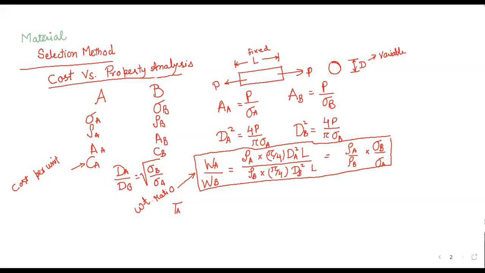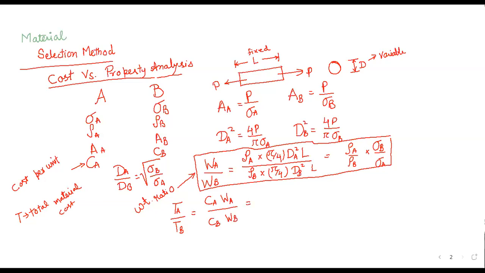Let's say TA is the total material cost for material A and TB is the total material cost for material B. So this will become CA multiplied by weight WA divided by CB multiplied by weight WB.